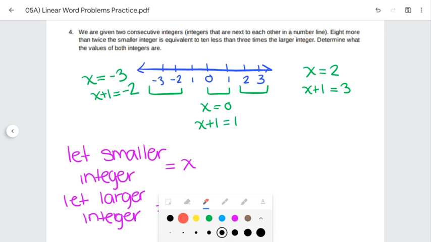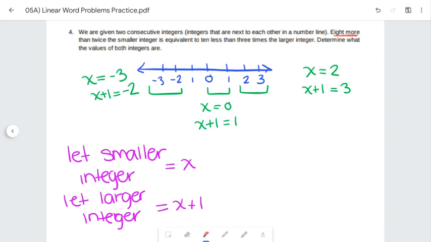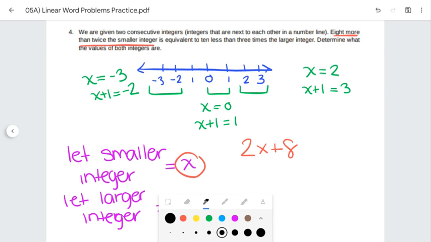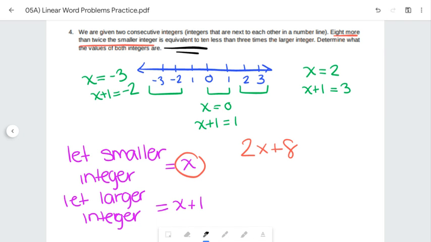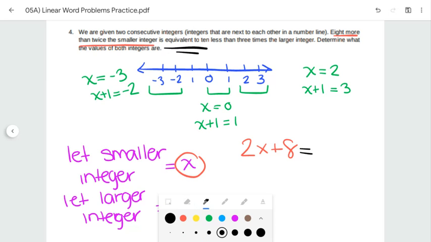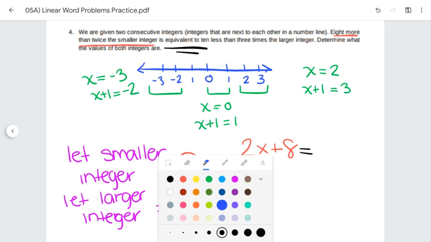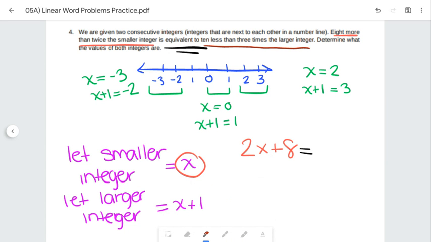So my first part, 8 more than twice the smaller integer. Well, smaller integer, 8 more than twice, so 2x plus 8. They tell me is equivalent to, so we know it's going to be equal to 10 less than 3 times the larger integer.